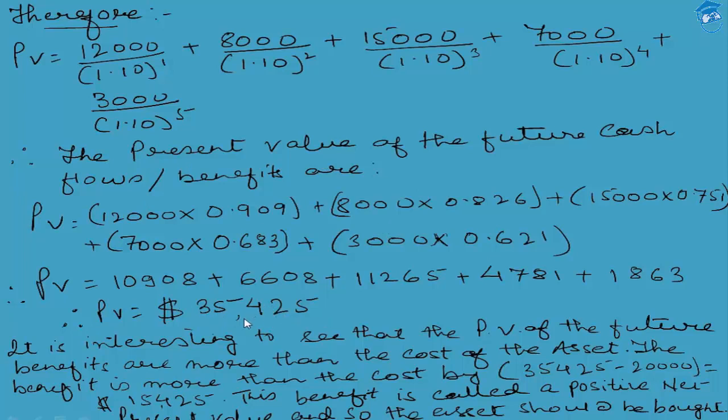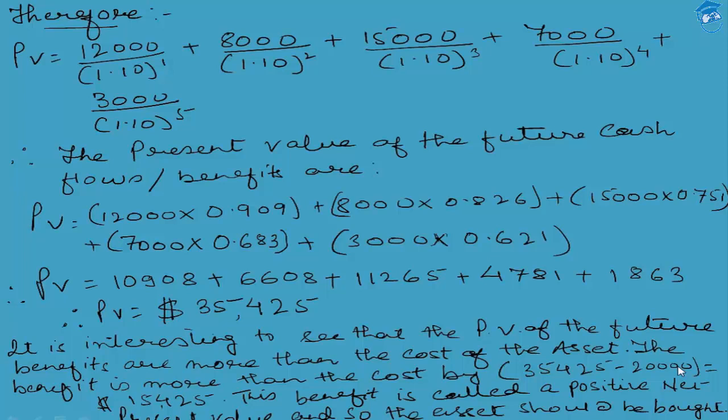Merely having a gross present value of 35,425 won't establish the viability, or it won't put up a case in favor of the asset. So the case goes in favor of the asset only when we are finding that from this gross present value, we can subtract the cost of the asset.